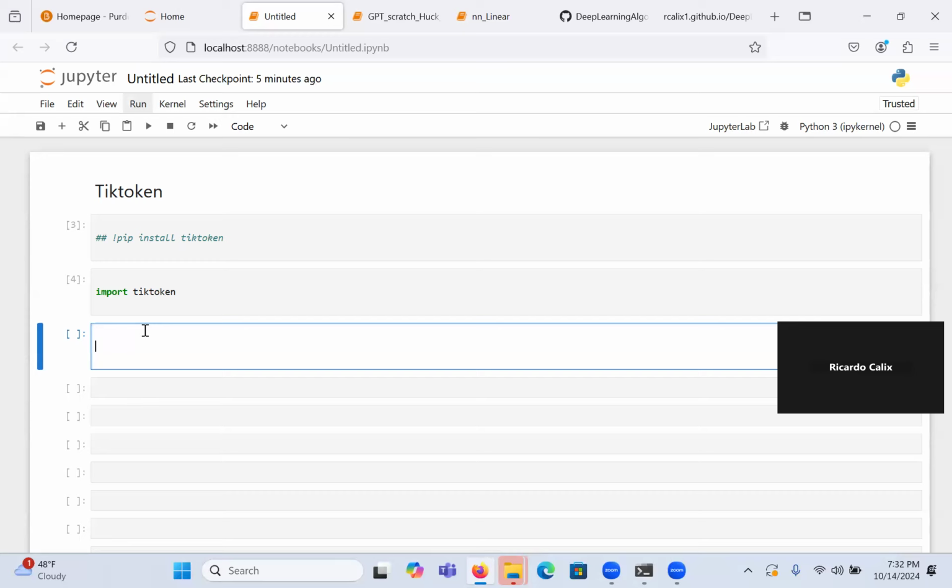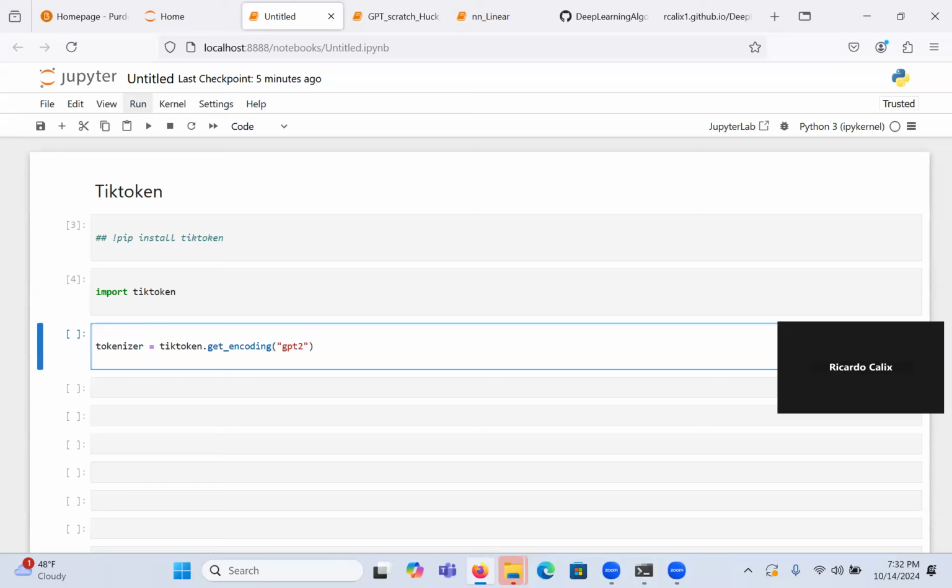All right, so we've got tiktoken. Now let's bring it in for GPT-2. I'm going to create what is called a tokenizer. So I'm going to do tokenizer equals tiktoken.get_encoding, and then I'm going to say gpt2.